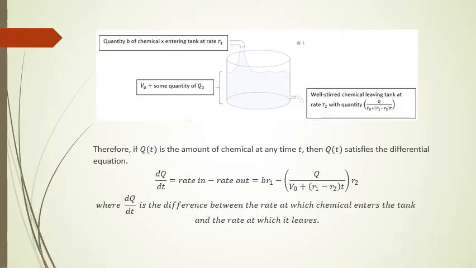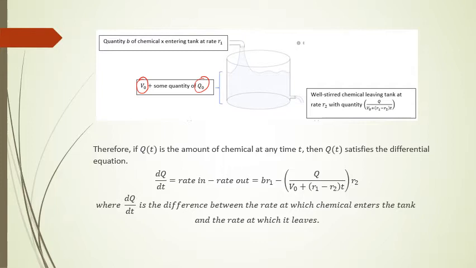So what is a mixture problem? This is the figure to illustrate the model of a mixture problem. The situation here is, we have a tank with an original mixture V0, with some quantity Q0.